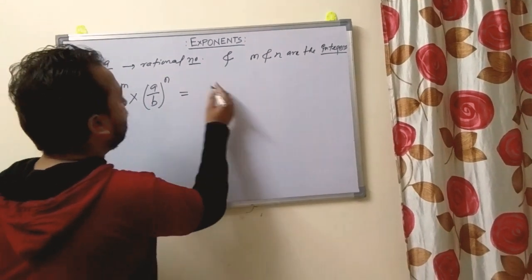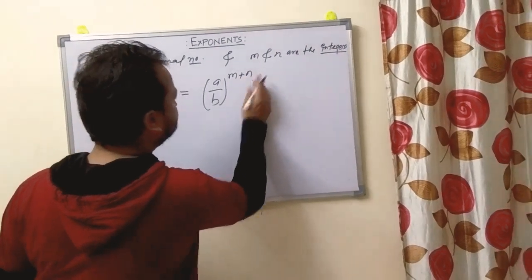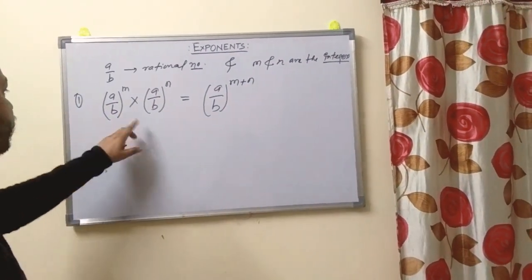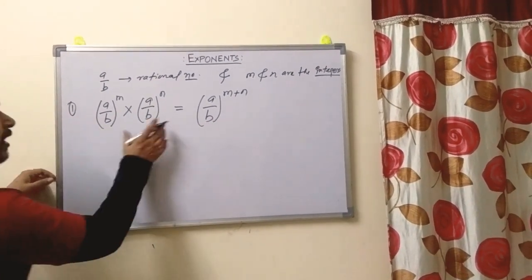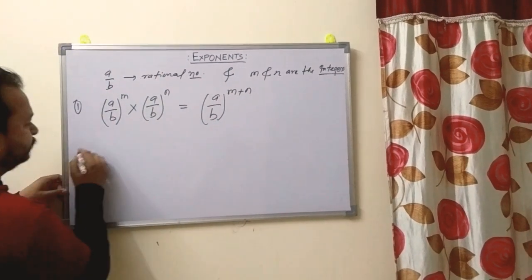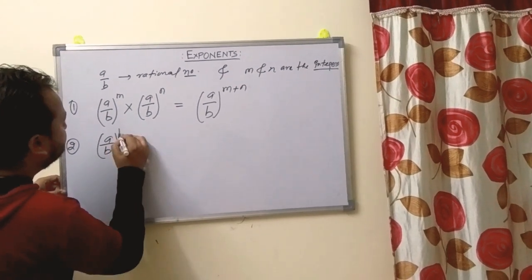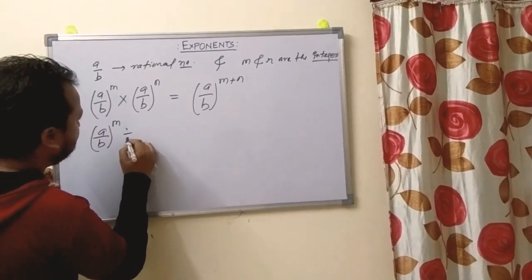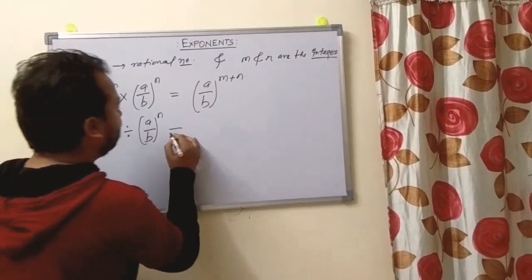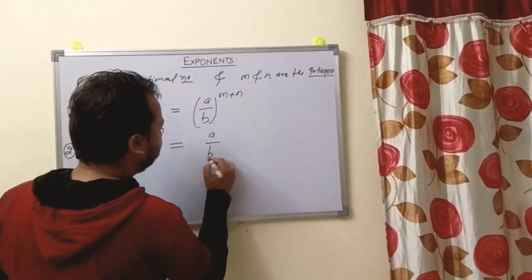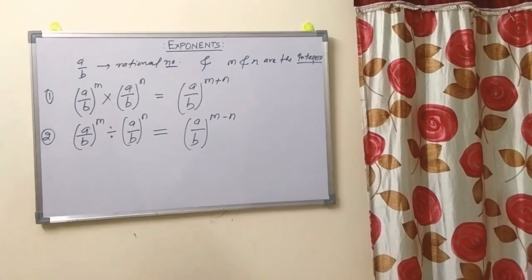So if the base is the same and the powers are different, we can add the powers, right? So from here you can go there, and from here you can also go there. Reciprocal means vice versa is also true. Second part, (a by b) power m divided by (a by b) power n is equal to (a by b) power m minus n, right?